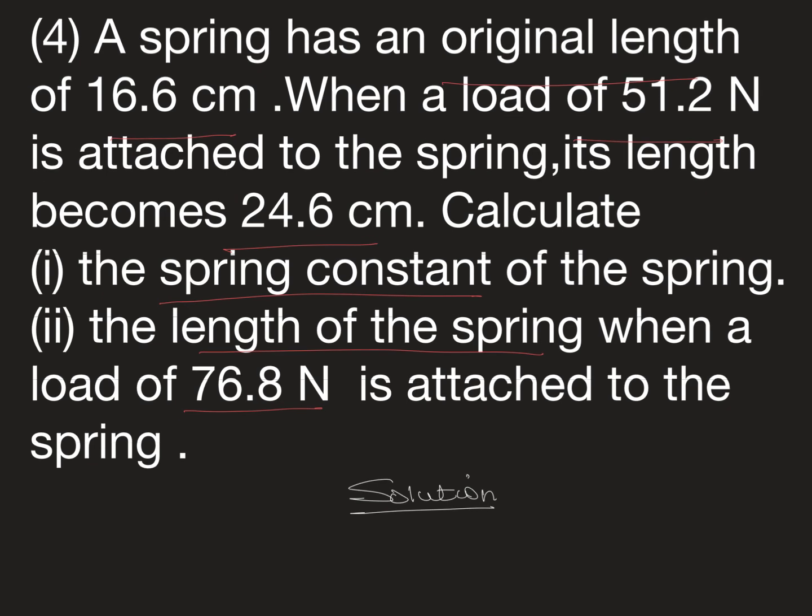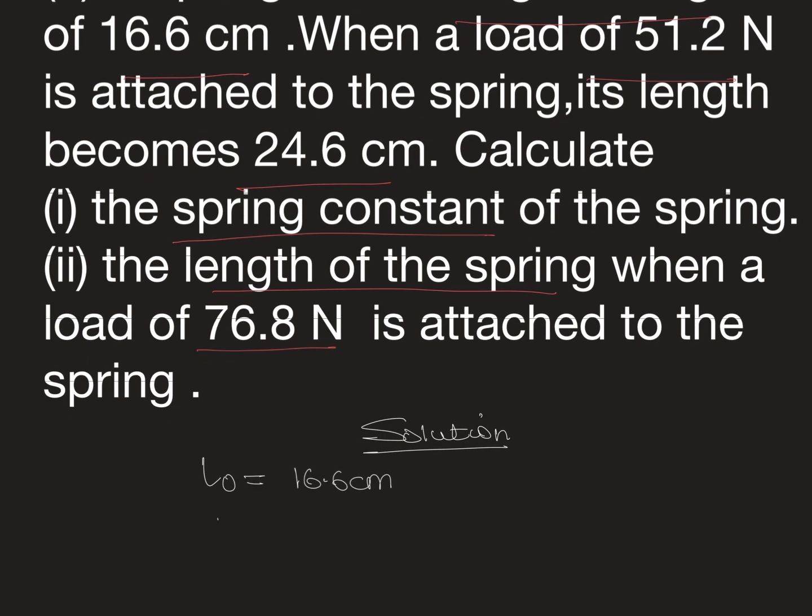The original length of the spring is 16.6 centimeters. The force that was applied to the spring was 51.2 newtons. And this causes a change in length, so that the new length becomes 24.6 centimeters.